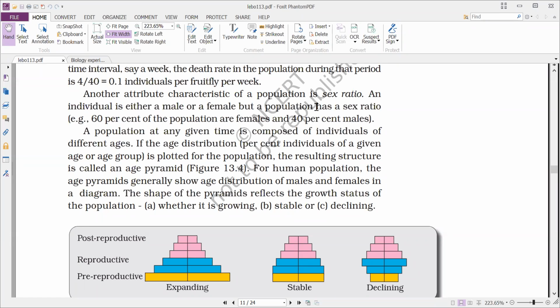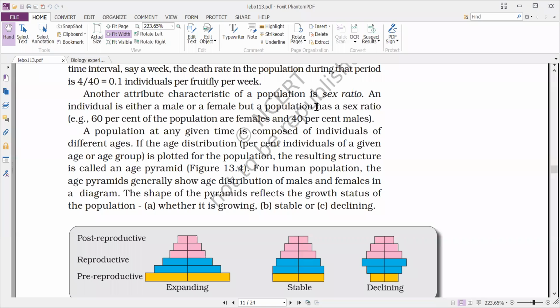A population at any given time is composed of individuals of different ages. When you observe here, the main problem with the human is the sex ratio. Why? Because of female foeticide. What happened? A lot of difference has been observed between the male to female ratio.